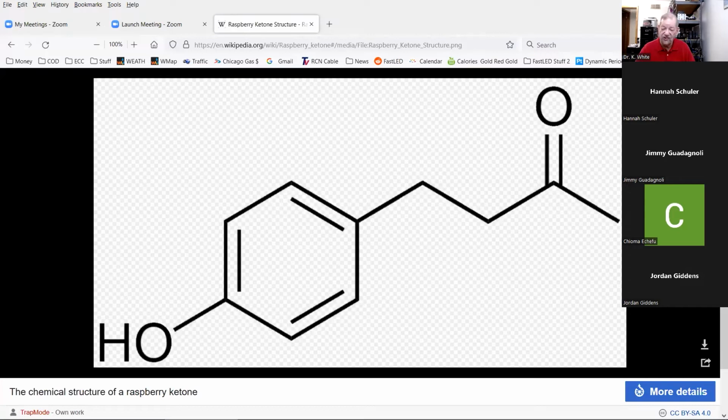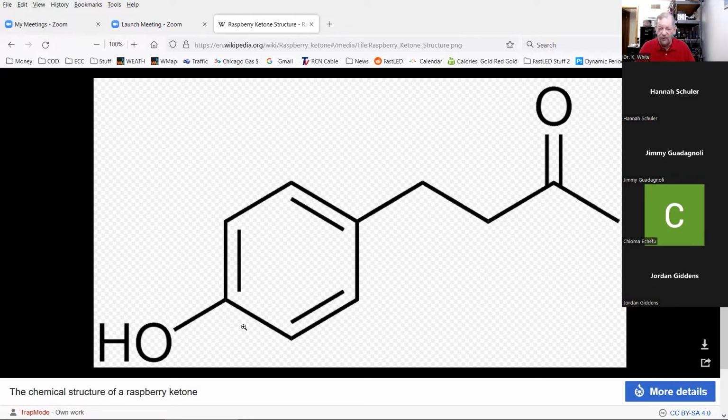If you notice, this also is an aromatic compound. And remember, when you see this on the internet, like here in Wikipedia, every bend in a line is a carbon and every end in a line. So right over here at the end on the right, that's CH3, carbonyl, CH2, benzene ring with the hydroxyl group.